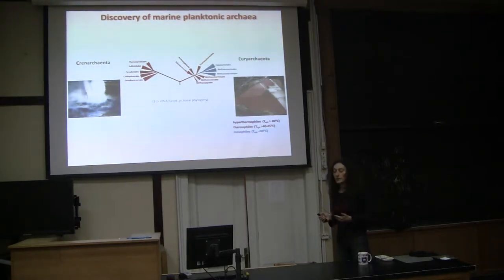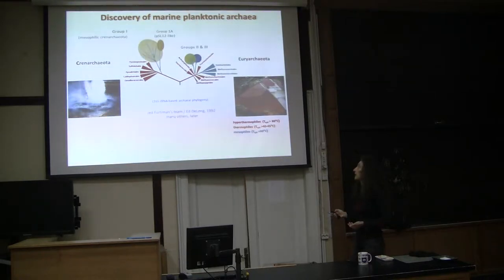So this was at the beginning, but when the first environmental studies using molecular tools to describe the diversity of Archaea in the environment were applied, people like Jed Fuhrman, Ed DeLong, and many others began to discover and to determine 16S ribosomal RNA gene sequences in environments such as the sea that occupy this part, the defined groups within the Archaea, both in the Crenarchaeota and in the Euryarchaeota branches.